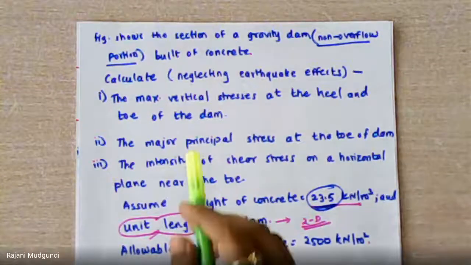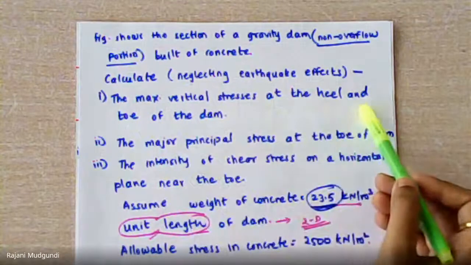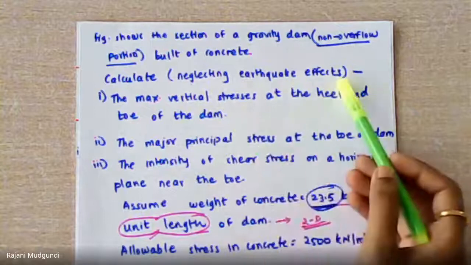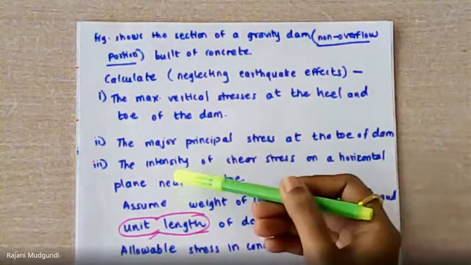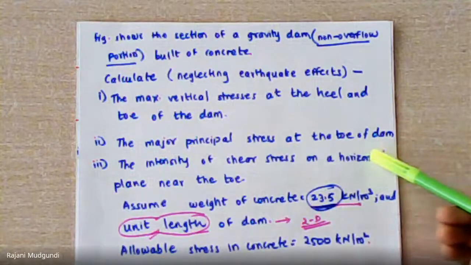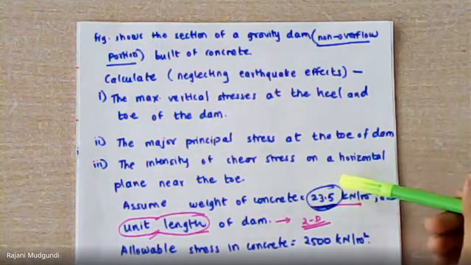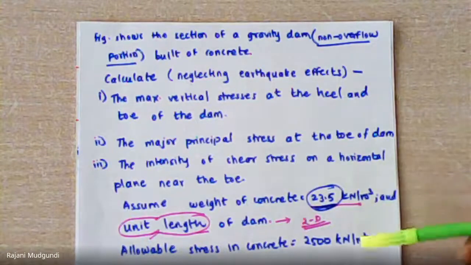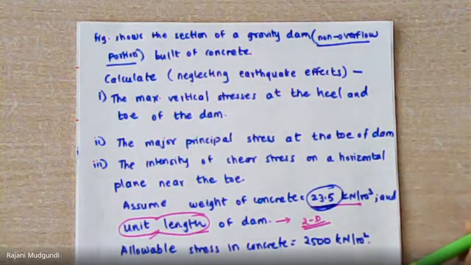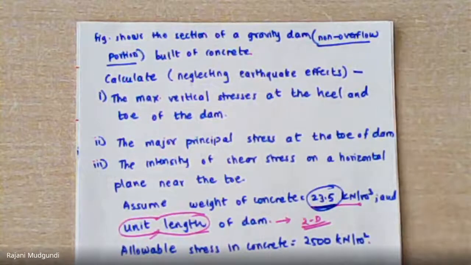It is expected to calculate the maximum vertical stress at the heel and at the toe by neglecting the earthquake effects, and to calculate the major principal stress at the toe of the dam. The intensity of shear stress on a horizontal plane near the toe also has to be calculated. The other details were mentioned in the problem.